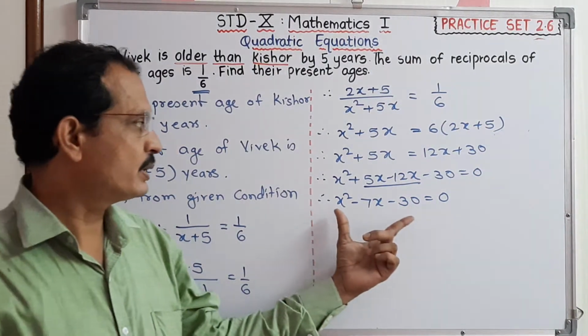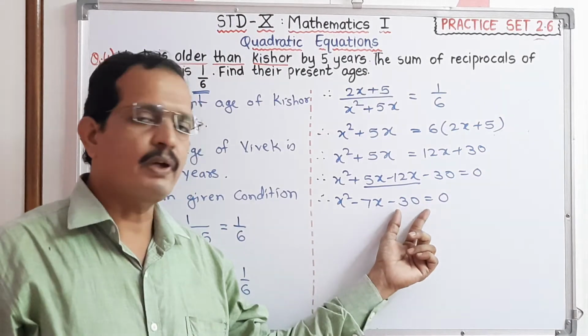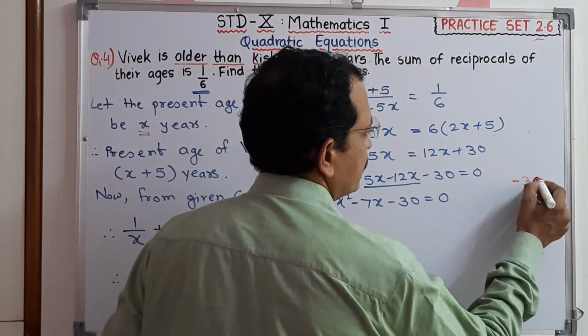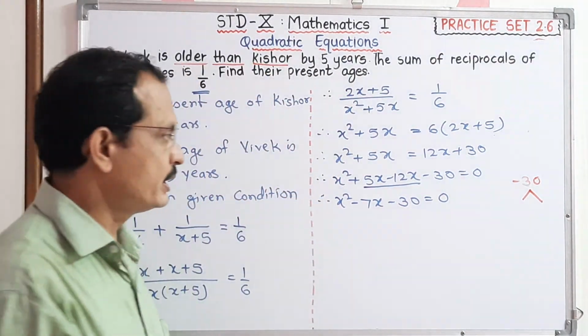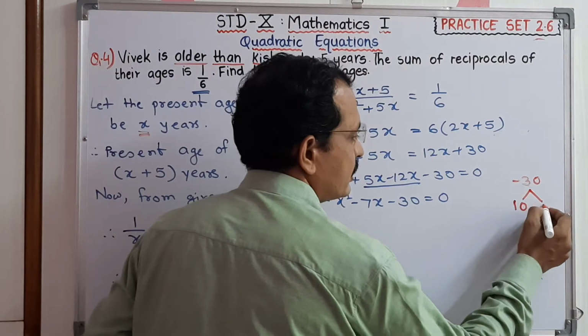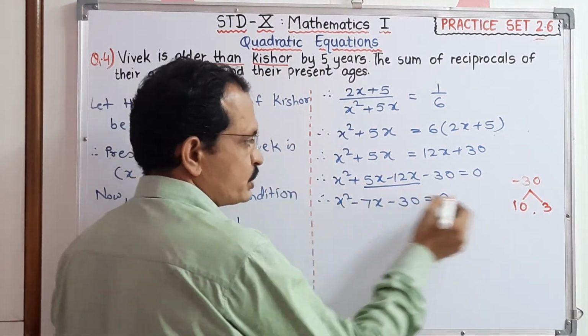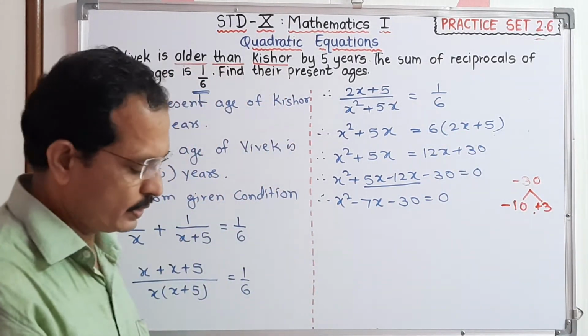Now, this is our required quadratic equation. We have to solve this by factorization method. This is minus 30, the subtraction should be 7, therefore it is 10 and 3. This is minus, and this minus goes to the bigger one and the opposite to the smaller.